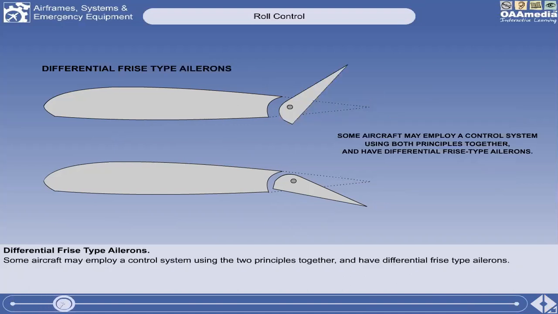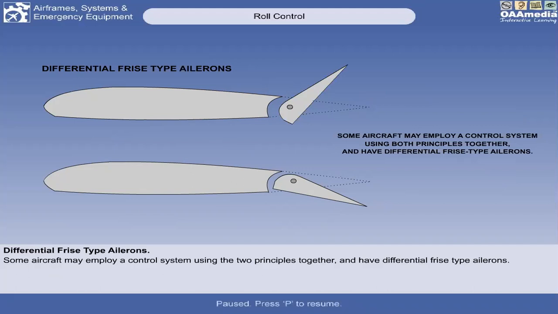Some aircraft may employ a control system using the principles of differential and freeze ailerons together. These are known as differential freeze-type ailerons. Okay, no? There are some aircrafts that employs the combination of the operations nung yung freeze-type ailerons and also the differential ailerons. So, ang tawag na dyan is the differential freeze-type ailerons. So, di ba sabi natin kapag differential ailerons, mas mataas yung angle of deflection ng upgoing ailerons.